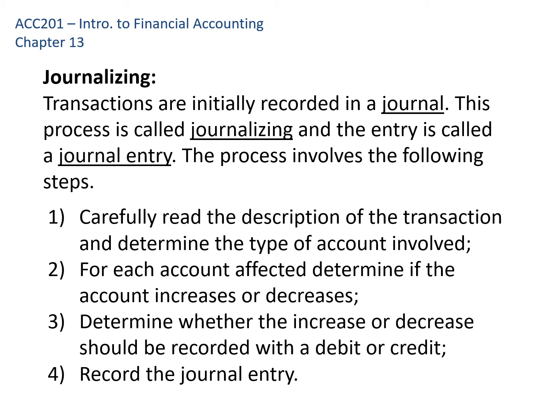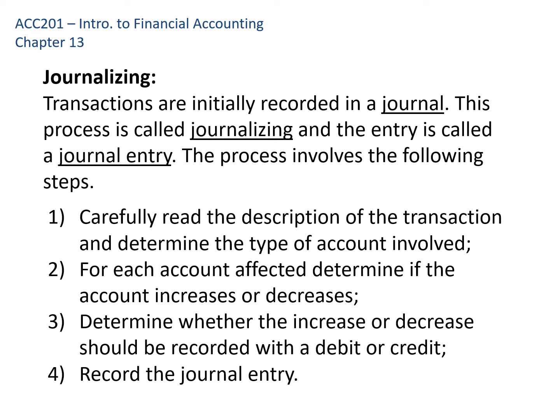So as an example, let's say that I borrow money from a bank by signing a note payable. Okay, so what categories are impacted there? Well, assets are impacted because I'm getting cash, and liabilities are impacted because I'm signing a note payable. I owe money. So then I would say, what's happening there? Are they increasing or decreasing? Well, cash is going up, okay, because I'm getting cash.